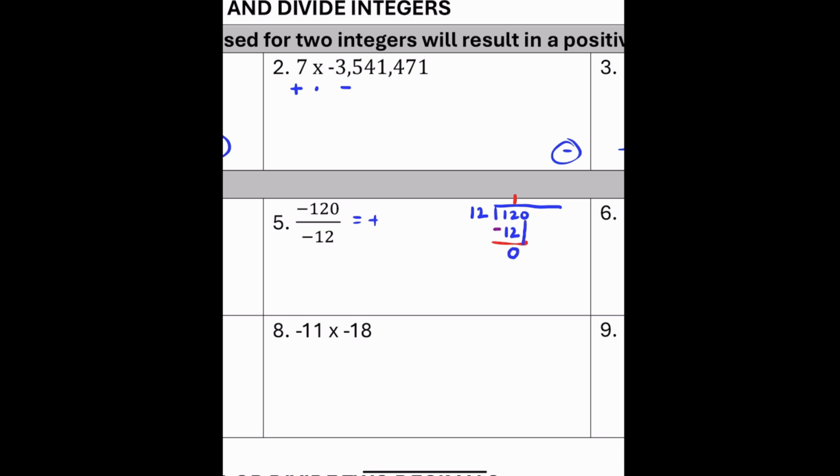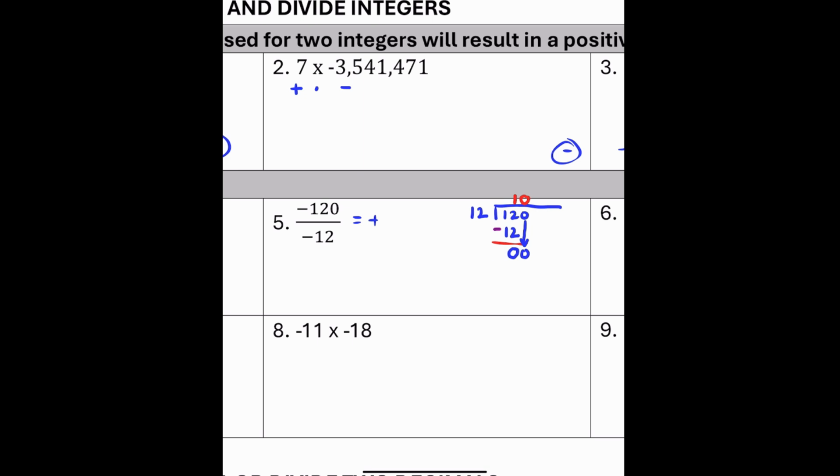And then I'm going to drop down that 0 that we covered up and ask ourselves, okay, how many times does 12 go into 0? Well, that's just going to be 0. And now I do 12 times 0, and that's 0.